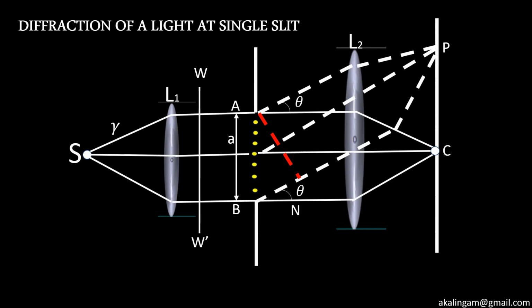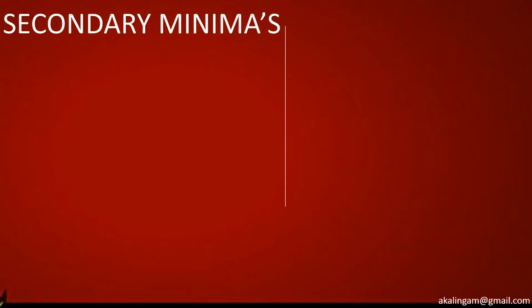Bn is equal to a sin theta, whereas for the central maxima, the rays moving parallel to the incident ray have path difference 0 and reach C. It is called central maxima or constructive interference. In central maxima, the path difference is equal to 0. This is called diffraction of light at a single slit.